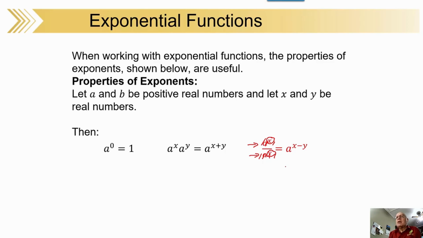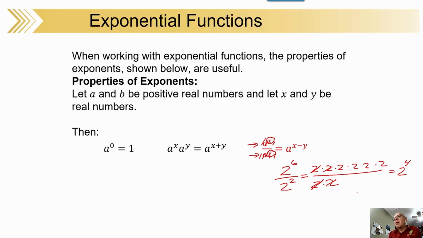An example, 2 to the 6th over 2 to the 2nd. Remember, this means 2 times 2 times 2 times 2 times 2 times 2, and this means 2 times 2, so it takes care of one, it takes care of another one, so you end up with 4 of those 2's. Shortcut, just subtract 6 minus 2.